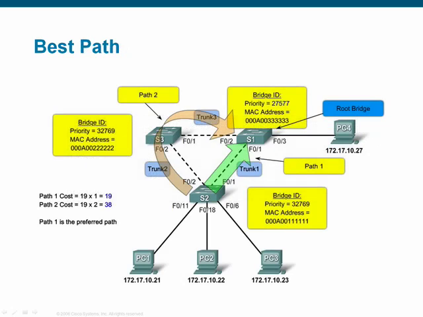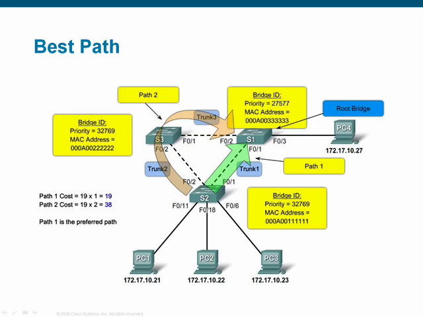As we look at this graphic, we see that our root bridge was elected as such because of its priority value of 27,577, which is lower than those of the other switches. If we assume that all the links are the same throughput rate, we can easily see that the best path from switch 2 to the root bridge, switch 1, is through trunk 1.